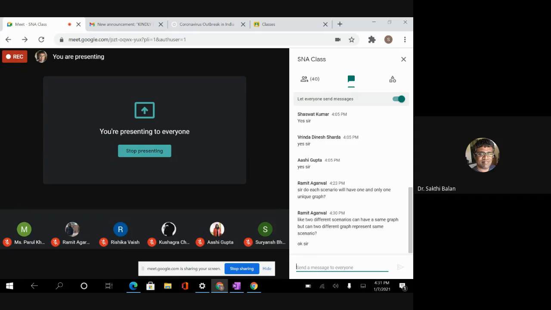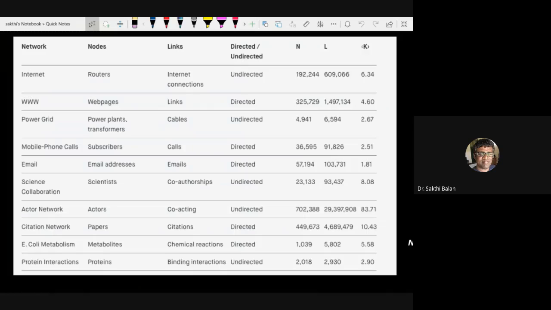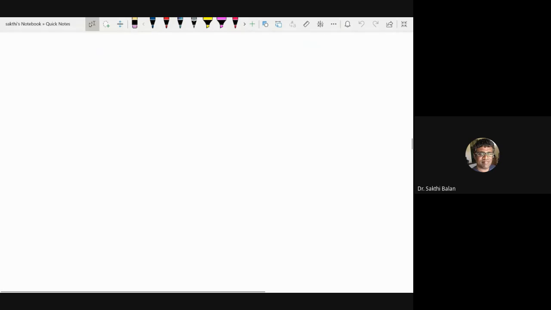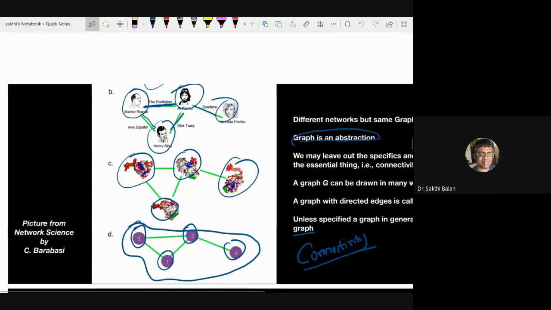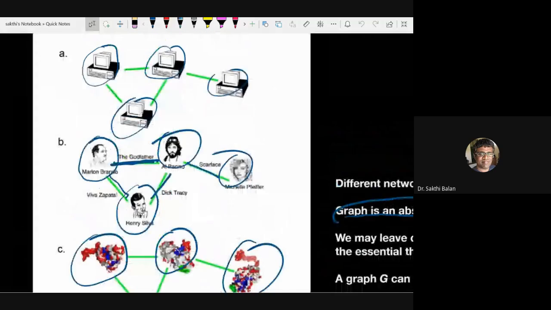For example, I had also given this here, so let me go back to that slide. Yeah, here. These are two different scenarios. A and B are two different scenarios where the node is representing a computer, and in B the nodes are represented as actors. So it is two different scenarios, but you are having the same graph.